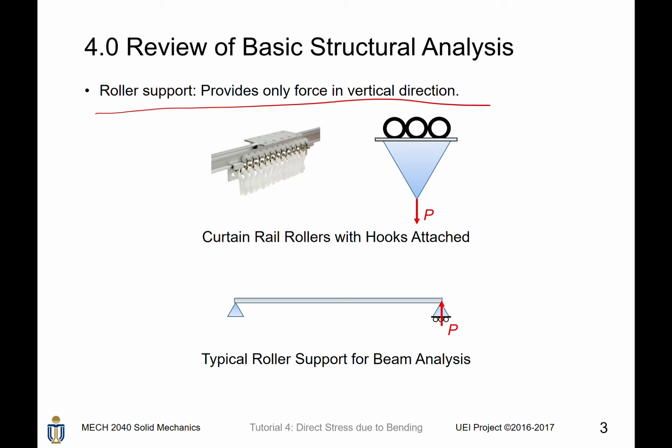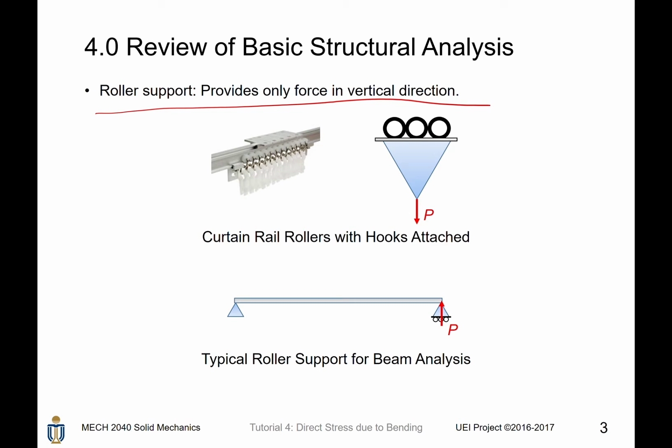An example in daily life is the curtain rail rollers with the hooks attached. On the rail of your curtain, there is a roller support like this. If you hang your curtain on it, the roller support is under an external load P pointing downward caused by the curtain.